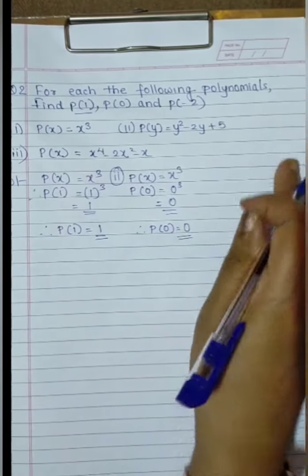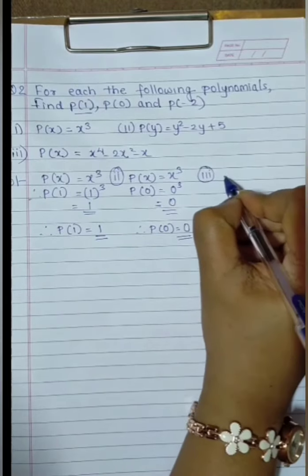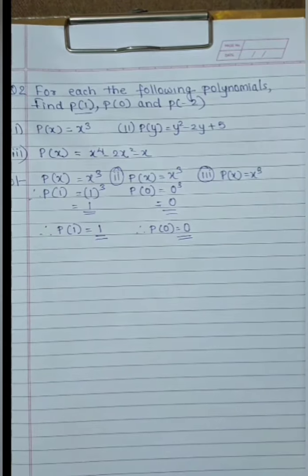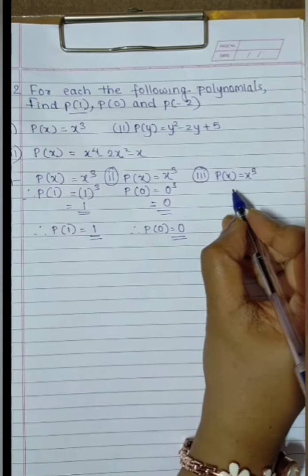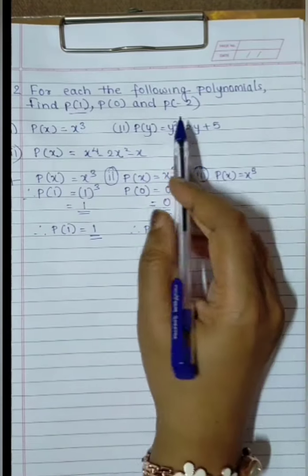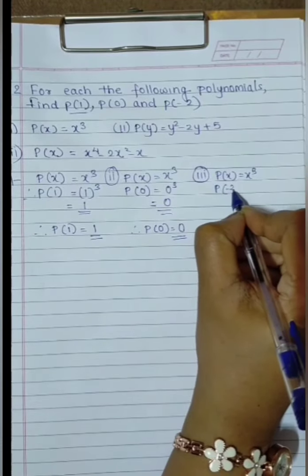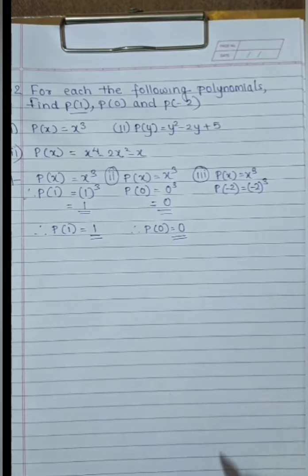Now the third one I am doing here. Third one, the same equation, p(x) equal to x cube. Now here, as you can see, minus 2 is there, so we'll take minus 2. p(minus 2) equal to minus 2 cube.